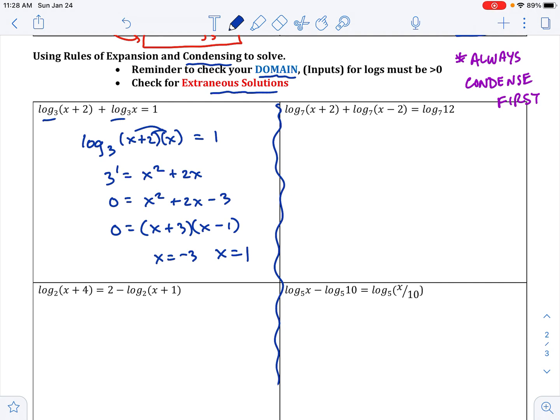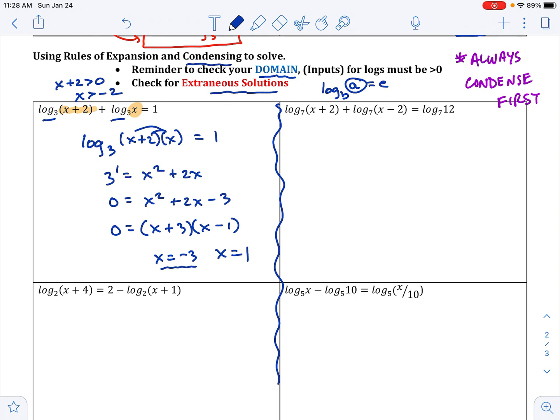All right, remember, we talked about if log base b of a equals e, the a has to be greater than 0 because you can't raise something to a power and get a negative number. So therefore, I have to be thinking, well, right now, x has to be greater than 0. Over here, if I had x plus 2 is greater than 0, that means x has to be greater than negative 2.